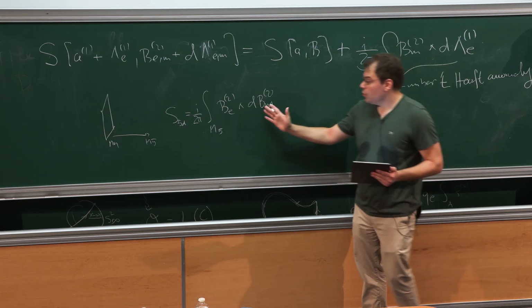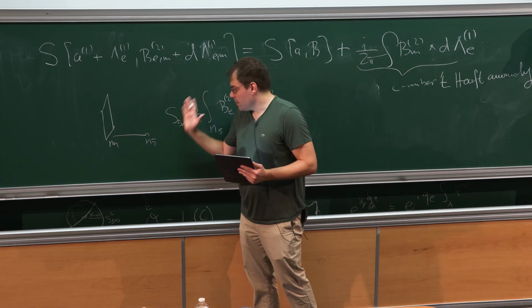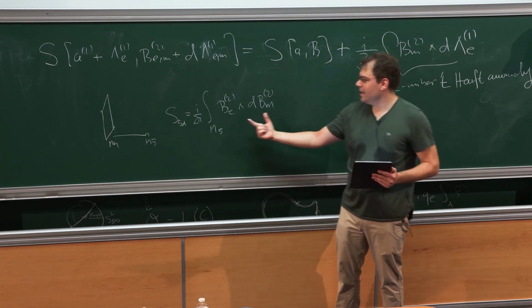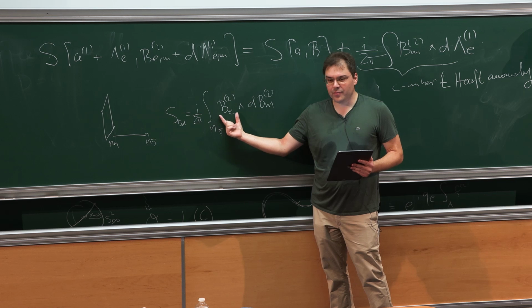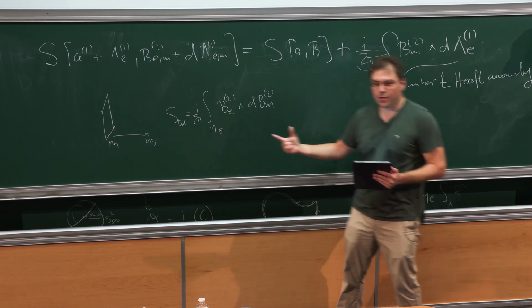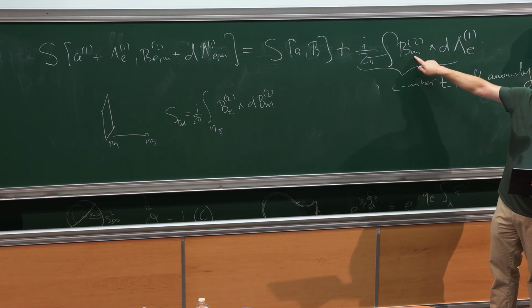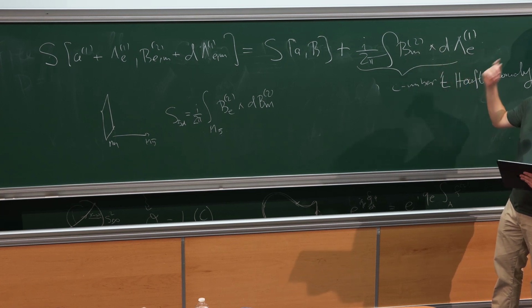But when you cut the 5-manifold open and put a boundary M4 here, then you see that the gauge variation of B electric will spit out d lambda electric, and that will lead to a boundary term which is precisely lambda electric times dB, which looks like that, up to integration by parts.